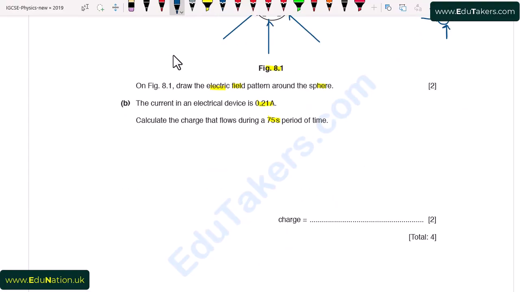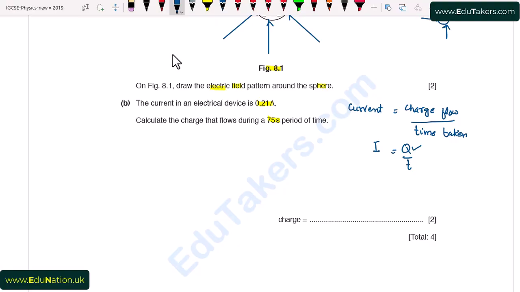We know that current is the rate of flow of charge, or we can say that current is equal to charge flow over the time taken for the flow of this charge. I can write I is equal to Q over T. Here we have to find out the value of Q, that is charge.